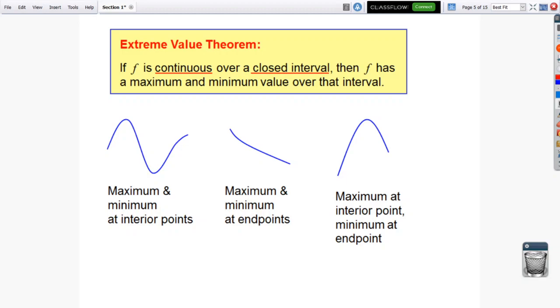Maximum and minimum values can occur at interior points, at endpoints, or at a mixture of the interior and endpoints. Just looking visually, there's your max value, there's your min value. Maximum, minimum, minimum, maximum. Visually, they're really easy to recognize.